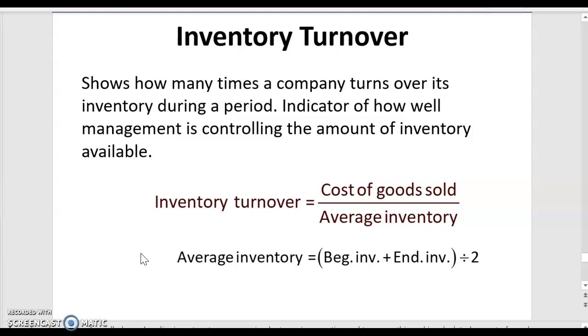So our inventory turnover is the cost of goods sold divided by average inventory. So we want to have enough inventory so that we don't run out, but we don't want to have too much that we're sitting on excess inventory that may or may not become obsolete. Our average inventory is our beginning inventory plus our ending inventory. We're going to take the cost of goods sold divided by this number.